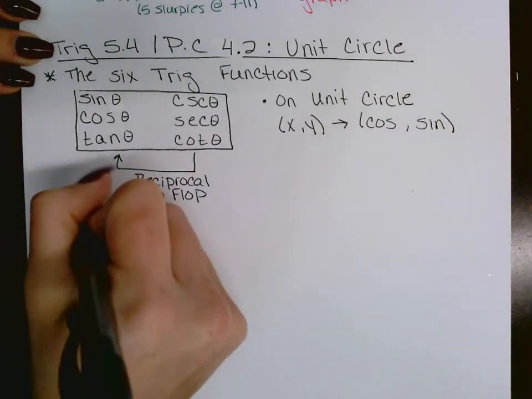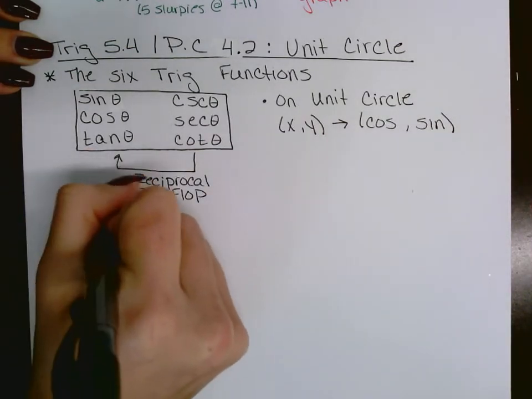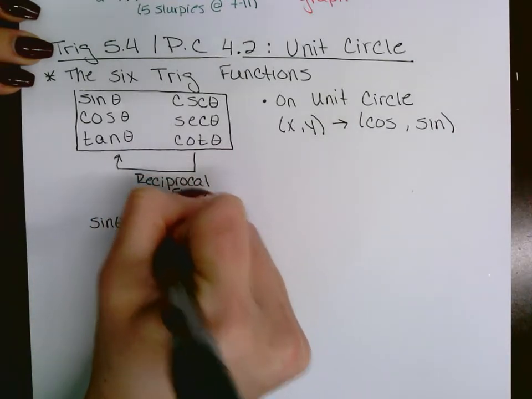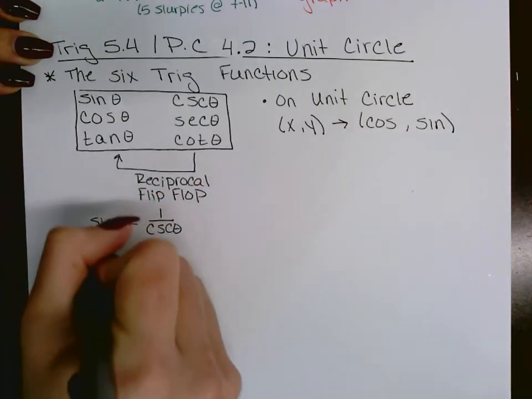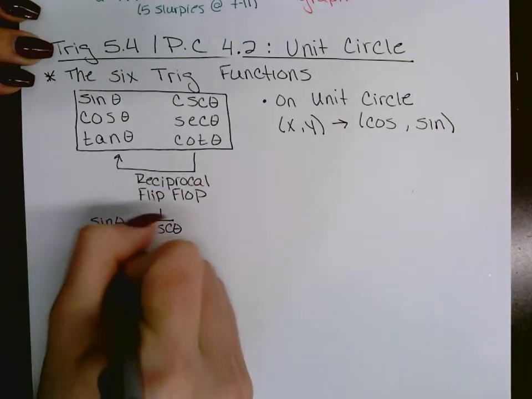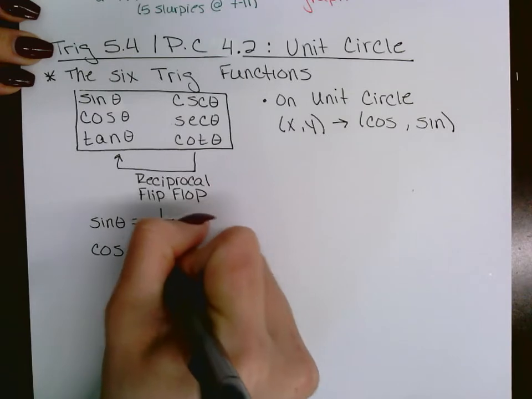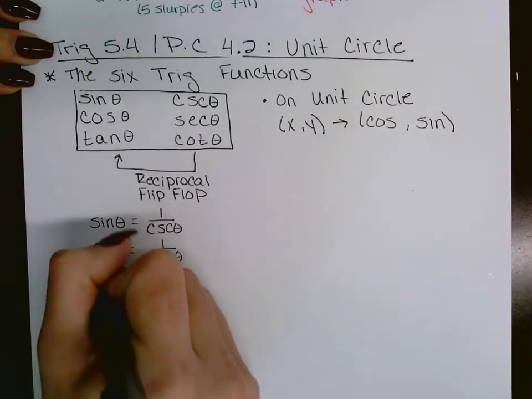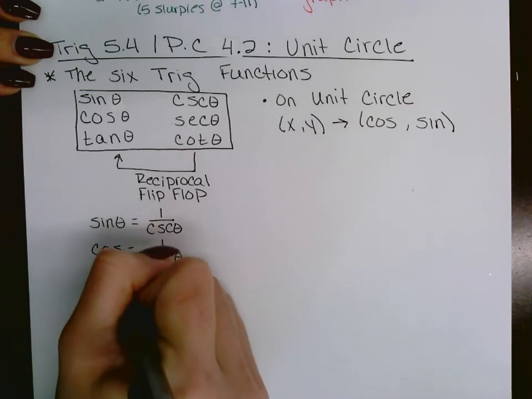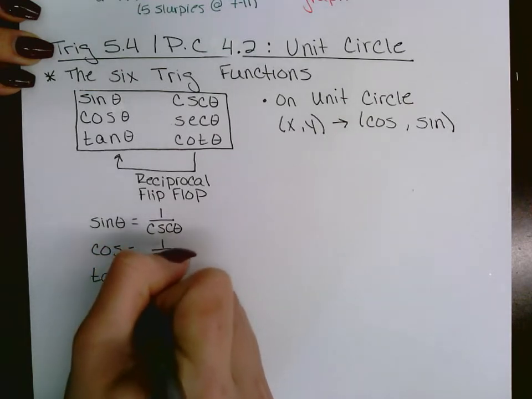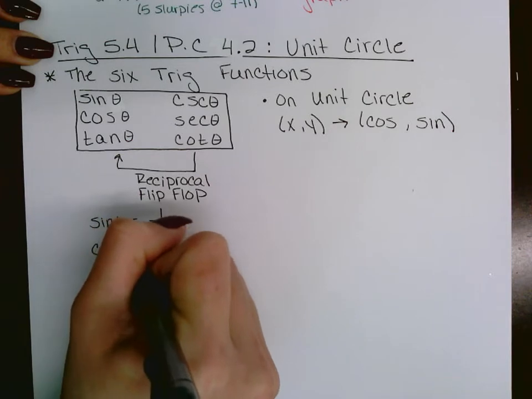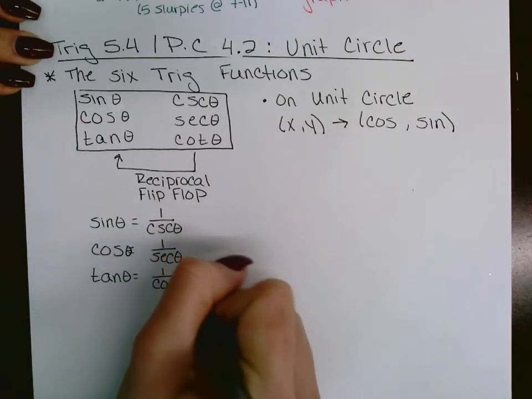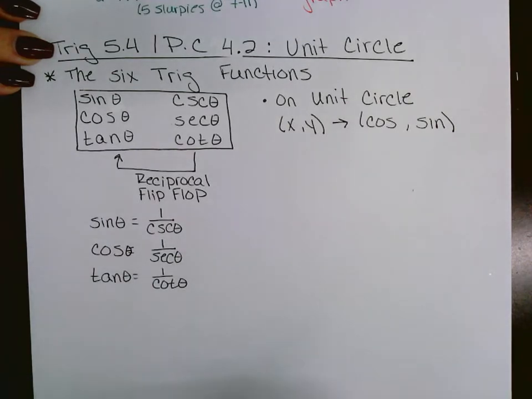So the way they write this as a formula is that sine of theta is equivalent to 1 over cosecant. Cosine is equal to 1 over secant, and tangent is equal to 1 over cotangent. Okay? The same can be said in reverse.